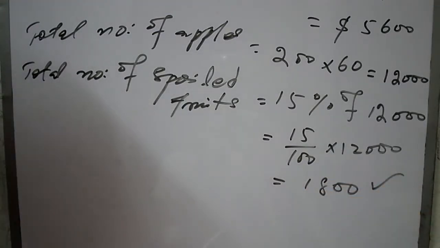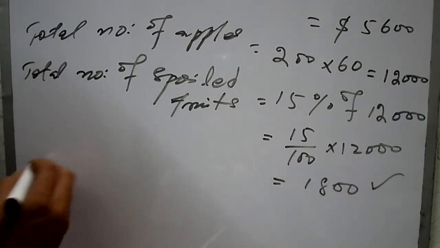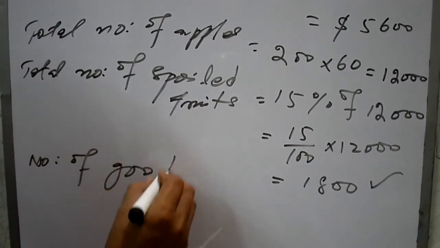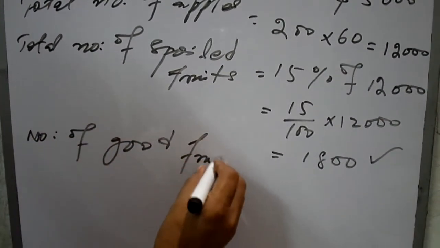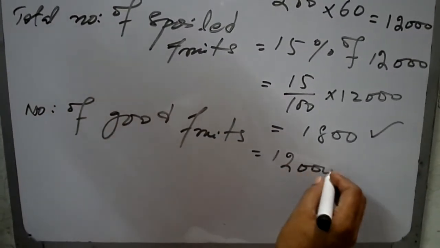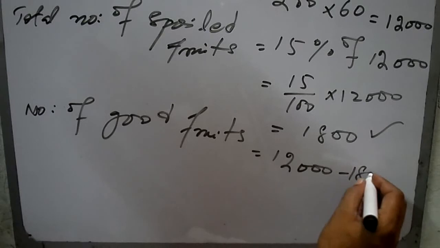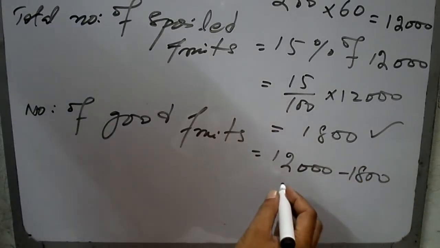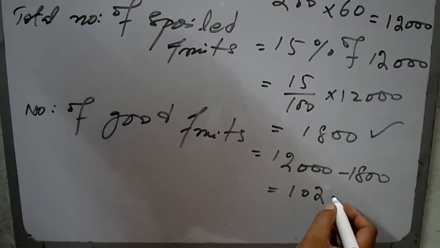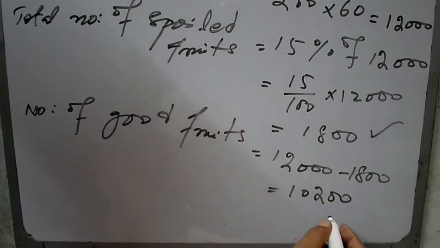So now number of good fruits, because it is spoiled fruit, so number of good fruits is equal to 12,000 minus the spoiled one, 1800, so you will get 10,200 is your good fruit.